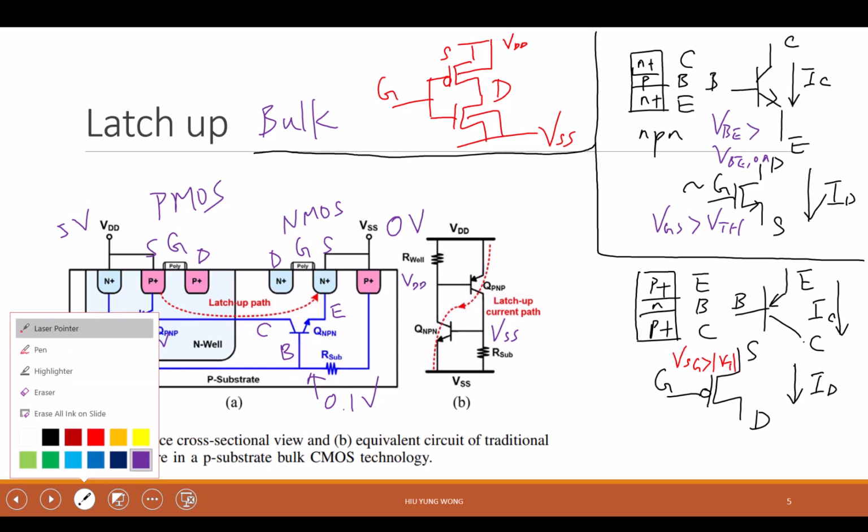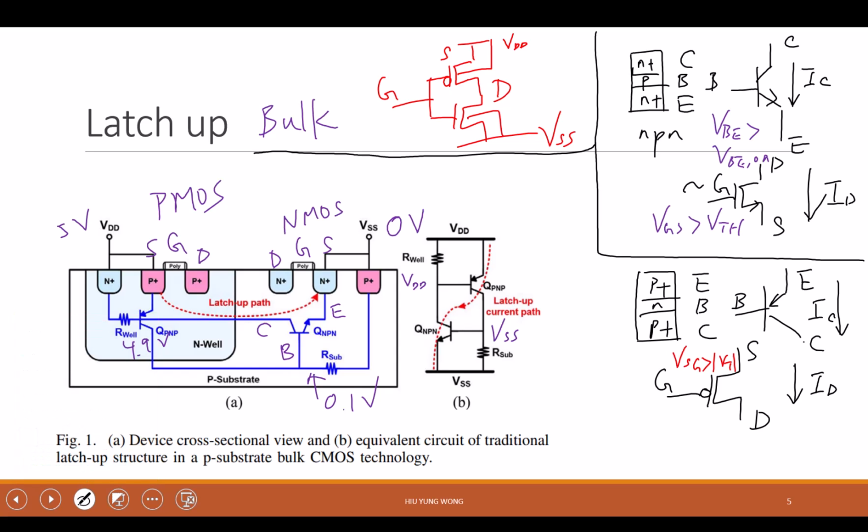Or in a simpler way, we can say this VDD, instead of 5 volts, becomes 4.2 volts. And then this one will turn on. Once this turns on, I have lots of current going down. Then this will become maybe 0.8 volt, right? Because I have lots of current.